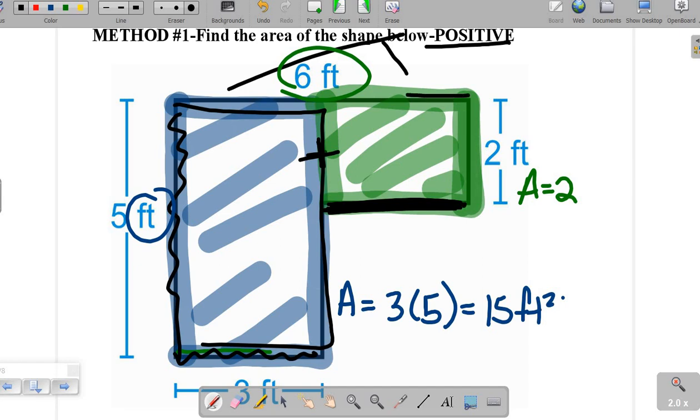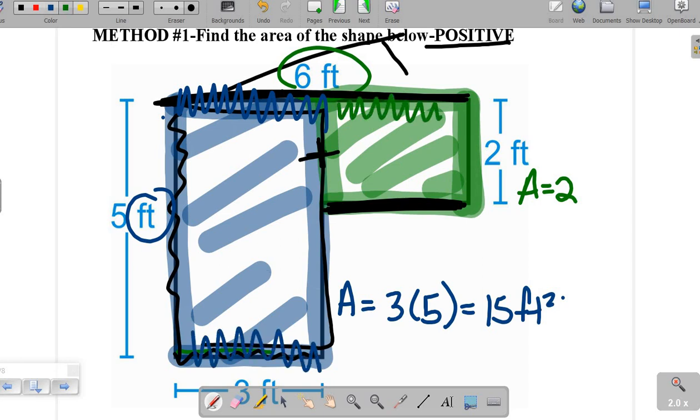Come up here. This whole thing is 6. From here to here is 3. Therefore, the actual length of this rectangle is 3. 2 times 3 is 6 feet squared.